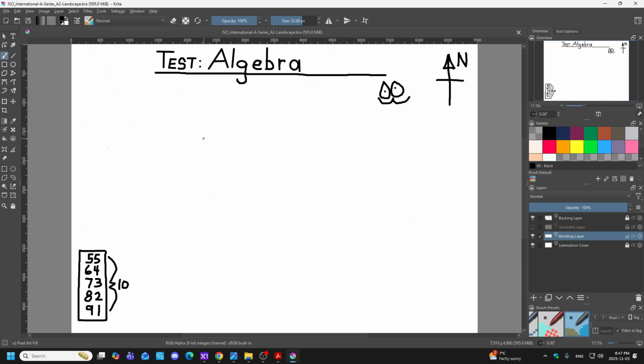So the first number is 33. The second statement says out of. When you read or hear out of, that automatically infers division.